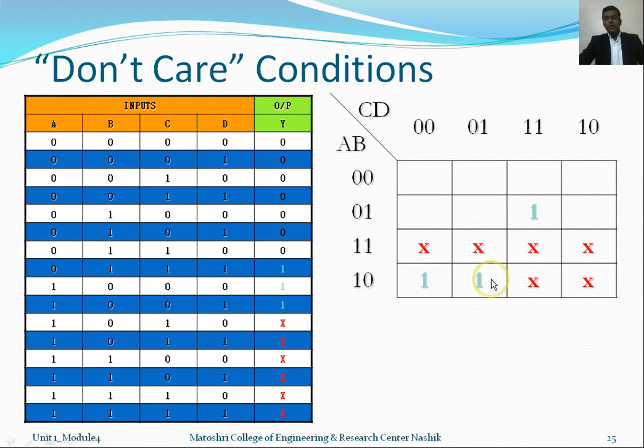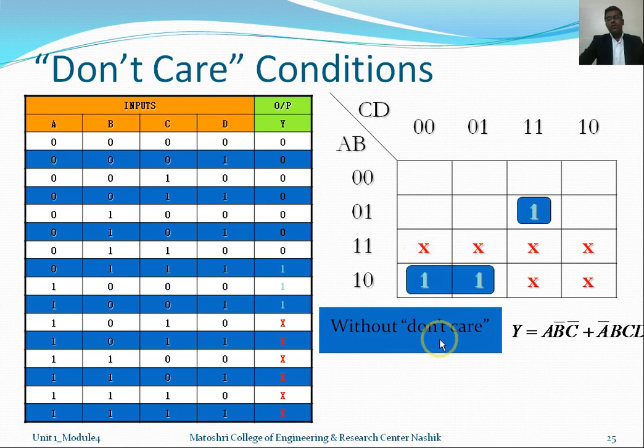So only these 1s are available as output, and we are mapping them in the K-map. But if we map the don't care, we have to see it like this. That cross sign, you can assume either as a 1 or as a 0. But we are solving for SOP, and if you want to make the group of eight, the octet, then we assume this cross as a 1.